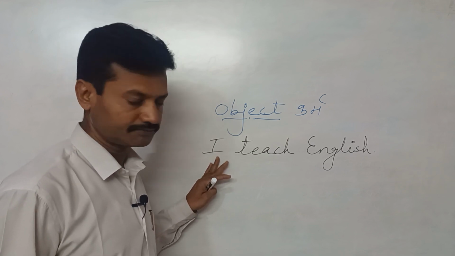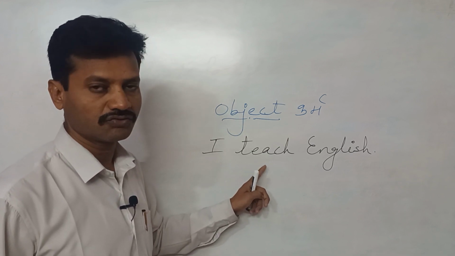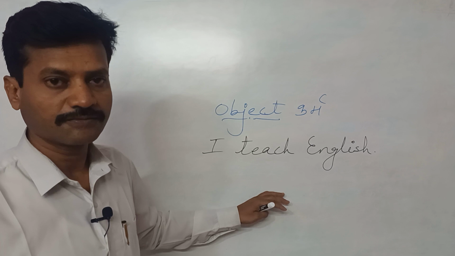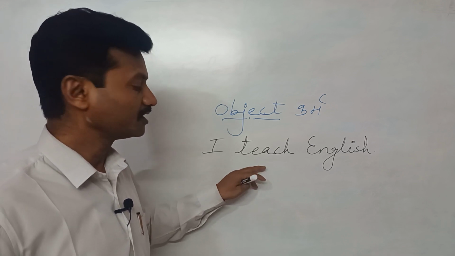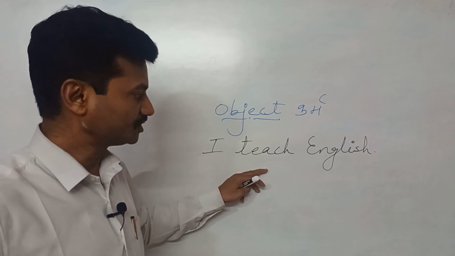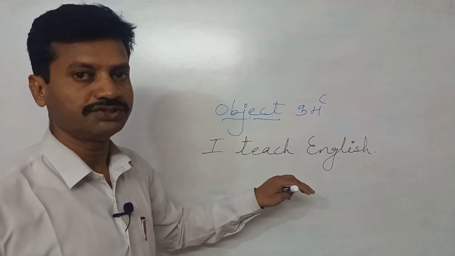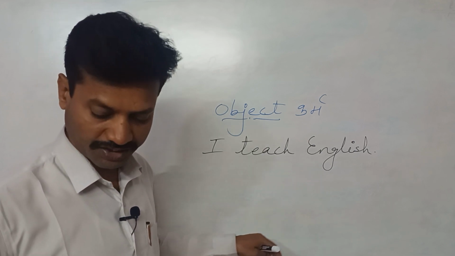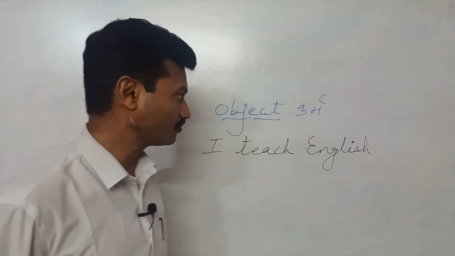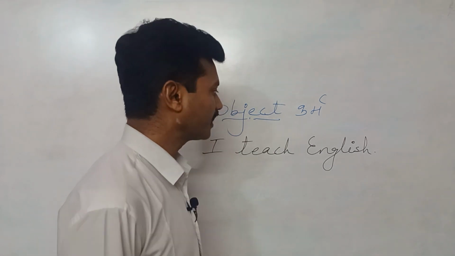Who? I. Then the verb, the action word, teach, and then the object. So how do we get the object? Now I have to inform you.